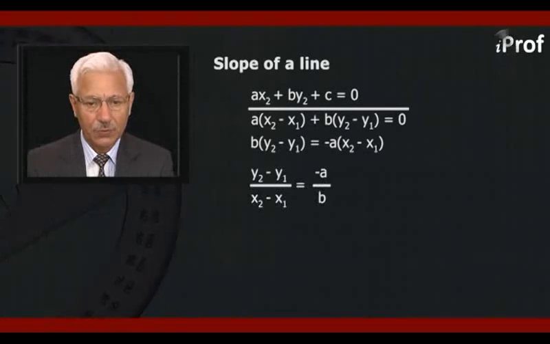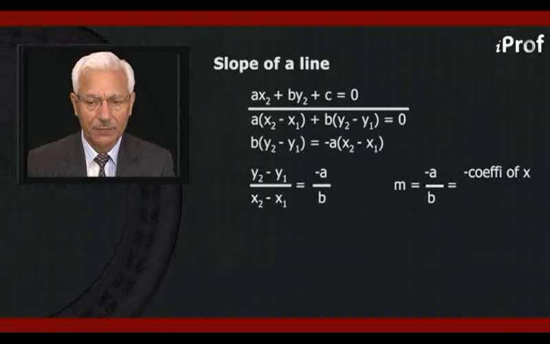But (y2 minus y1) upon (x2 minus x1) represents the slope m. Therefore, m is equal to minus a upon b, which is equal to minus coefficient of x upon coefficient of y in case the equation of the line is given.